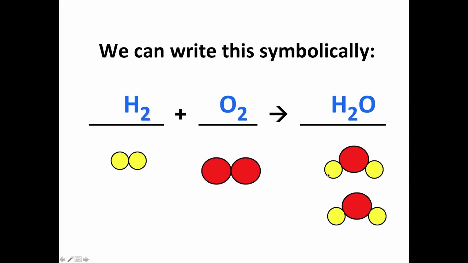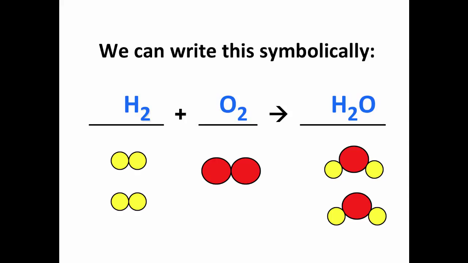But we now note we appear to have four hydrogen atoms at the end with only two at the start. Well, that can't be either. We must have four hydrogen atoms at the start. In other words, we must have two hydrogen molecules to start. Now we have a reaction that correctly represents what takes place in terms of not having material disappear into thin air or be created out of thin air.